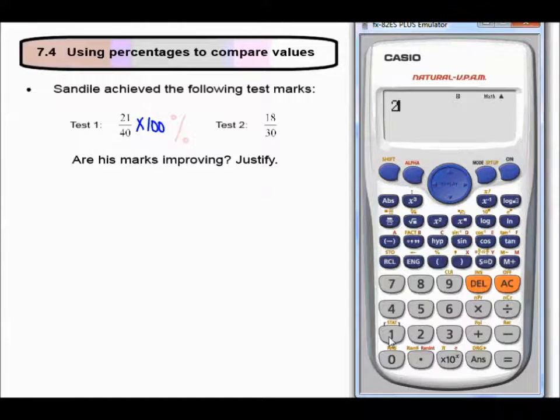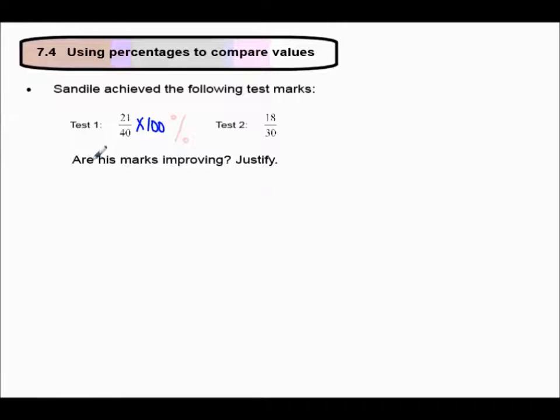So 21 out of 40 multiplied by 100 equaled 52,5. So his test mark was 52,5% for test 1.